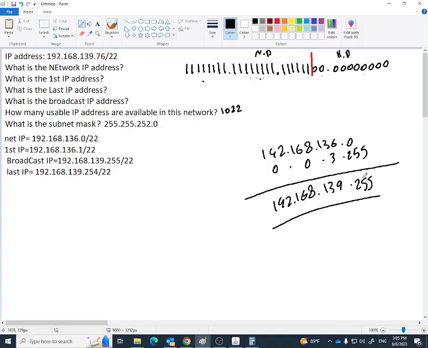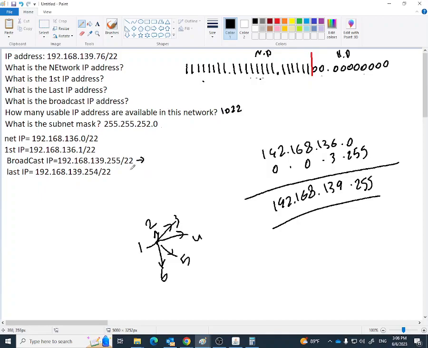Now, what is the broadcast IP address? The broadcast IP address simply is if one of the hosts, like for example, if you have a network that contains, let's say, 6 machines, machine 1, machine 2, machine 3, machine 4, machine 5, machine 6. If machine 1 wants to send a message and wants that message to go to all of these machines together, instead of sending this same message here and here and here and here and here, we simply send it using a broadcast IP address.